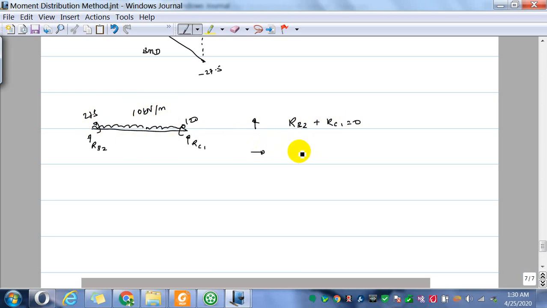Horizontally all the forces are 0, then you take moment about B: RC1 into 9, the distance is 9, plus 27.5 minus 120, then another moment, minus 10 into 9, which is the 90 kilonewton acting at the middle, equals 0.